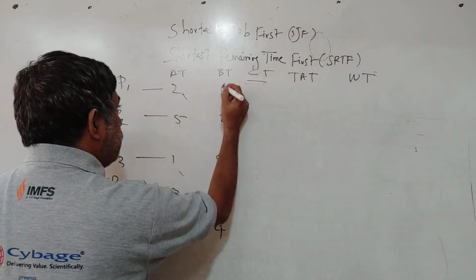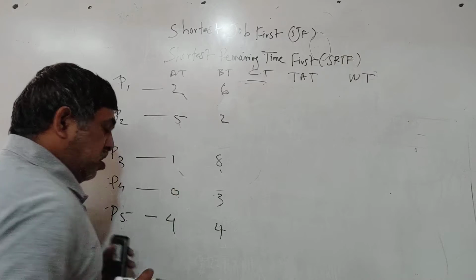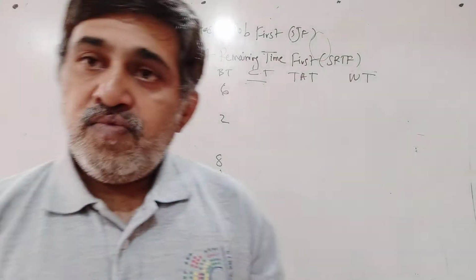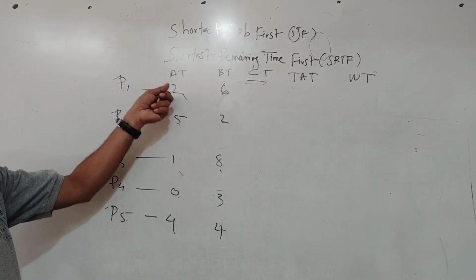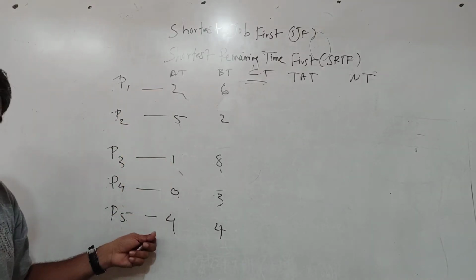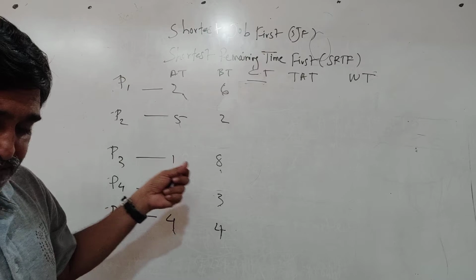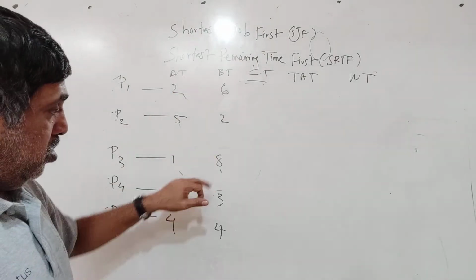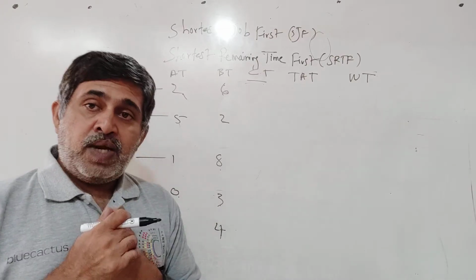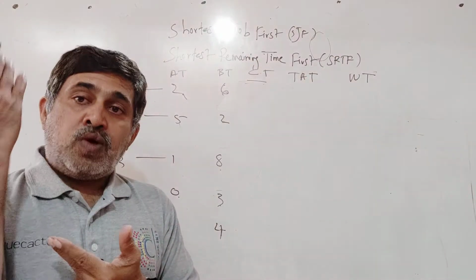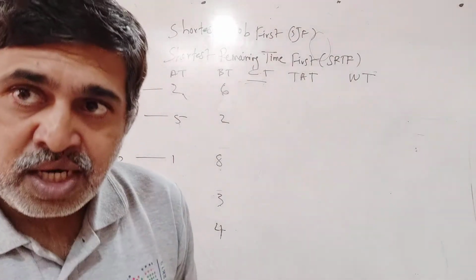So we do have these statistics with us. Arrival times are 2, 5, 1, 0, 4 and the burst times are 6, 2, 8, 3, 4. We need to calculate the completion time, and to calculate completion time we need to solve the Gantt chart. Let's draw the Gantt chart.